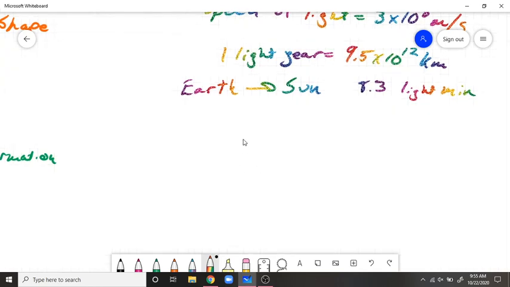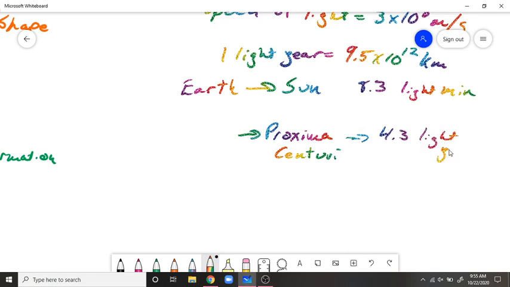The next closest star is called Proxima Centauri. Proxima Centauri is only 4.3 light years away. So it would take light 4.3 years to reach us.